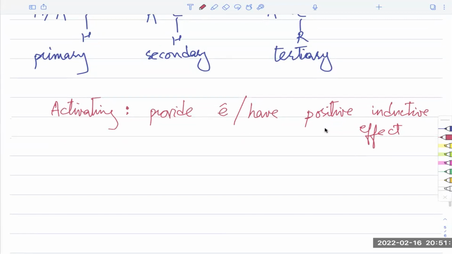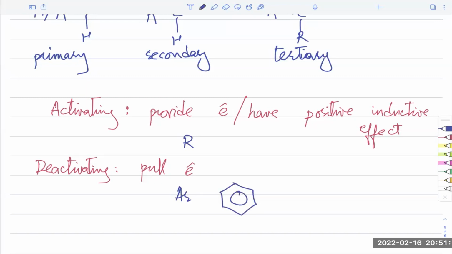And then there are the deactivating groups. They pull electrons. So they have a negative effect, but we don't use that term in A levels. We don't say negative inductive. We just say they pull electrons. For example, all alkyls, methyl, ethyl, propyl, butyl, all of them, we show them as R. They are activating groups. But if there is a ring like this one, this is a deactivating group.